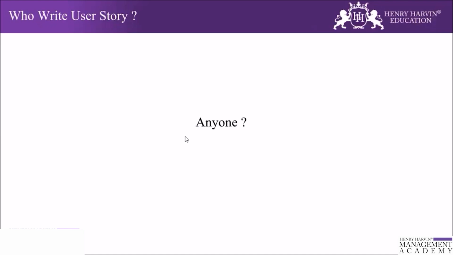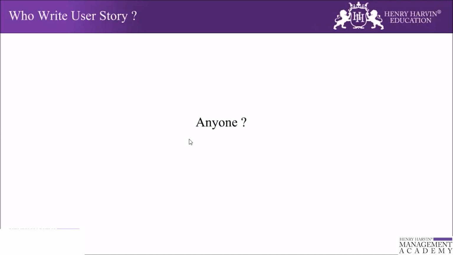Under the development team, there are QA, developers, maybe the architect or other system engineering persons who are involved. It is a myth that only the product owner writes the user story; the team can help the product owner to write it too.